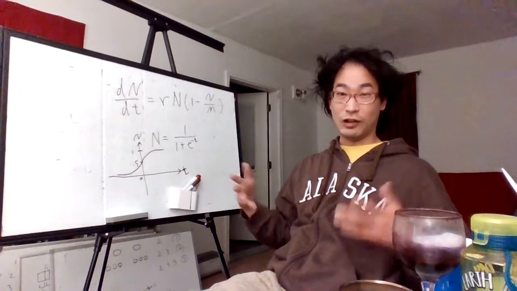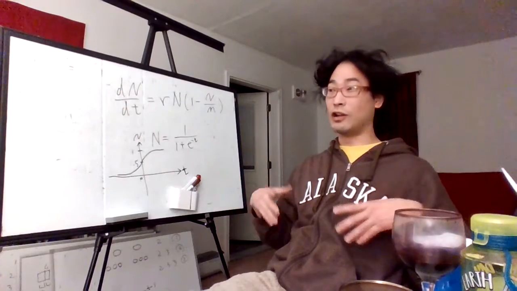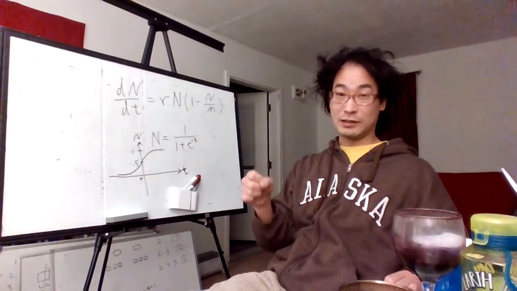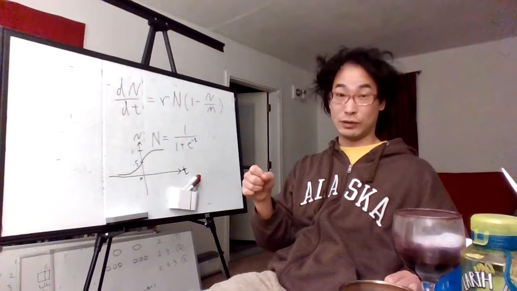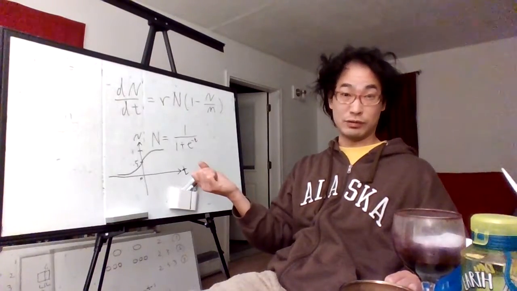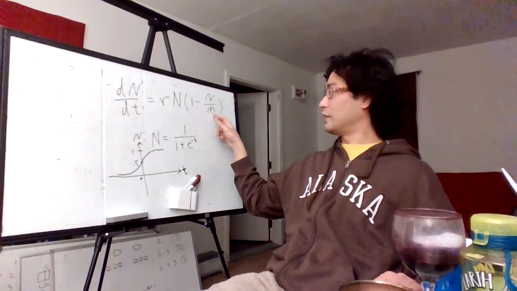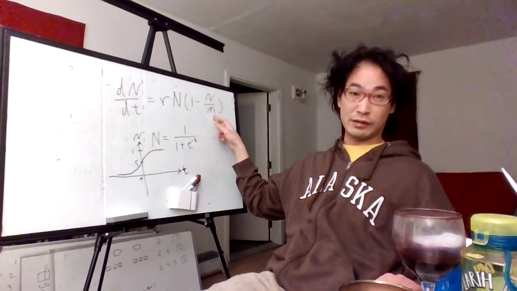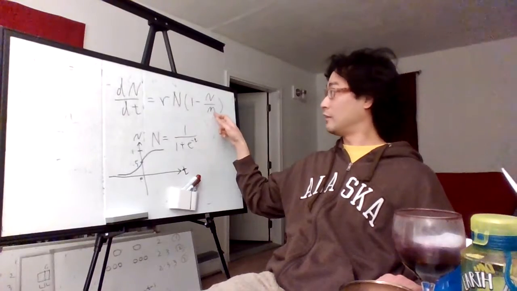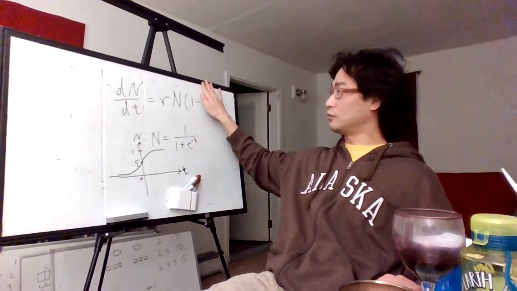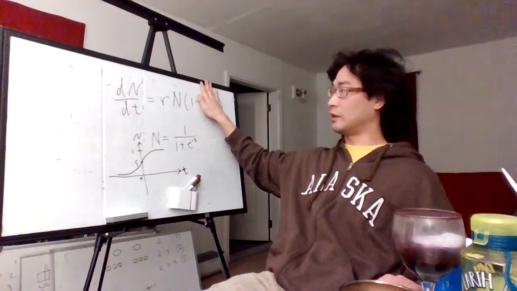Unlimited resources, unlimited space, because bacteria are so small. They require very little space and very little resource to survive and reproduce. So M going to infinity, maximum population limit infinity, N over infinity is zero. So it reduces to the plain vanilla bacterium population model.